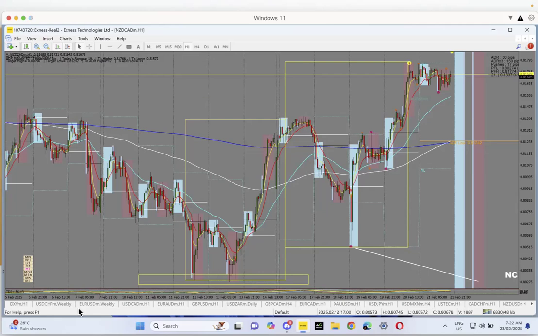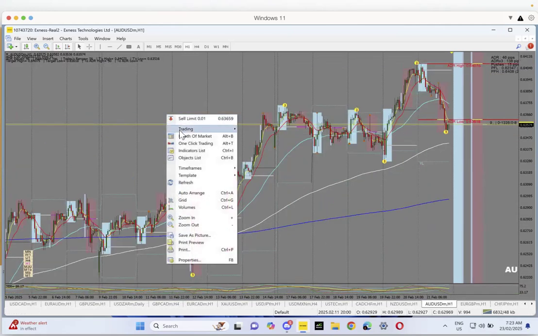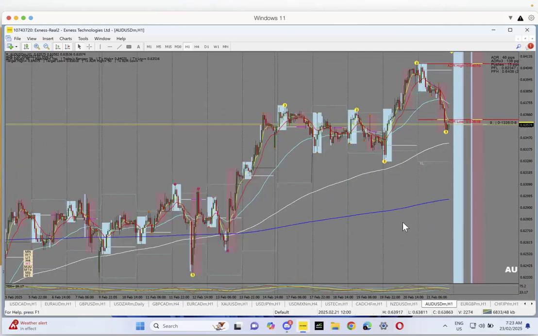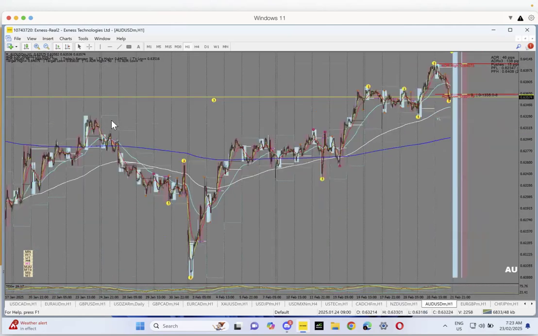All right, so AUD USD it is. I think I saw Madam Chokemi sending that one, AUD USD. Right. So AUD USD. Who wants to analyze this one?